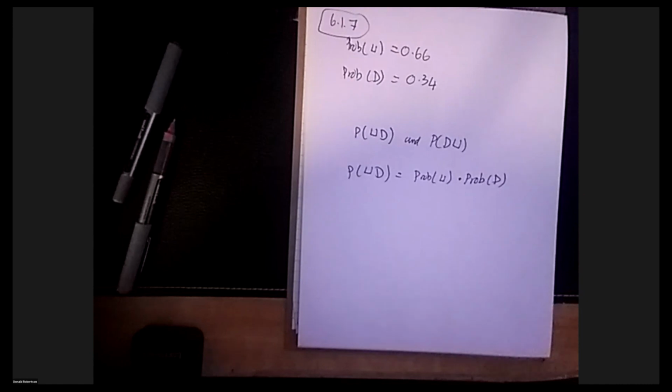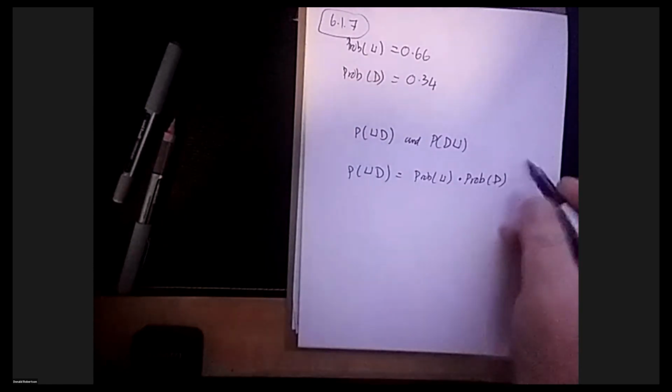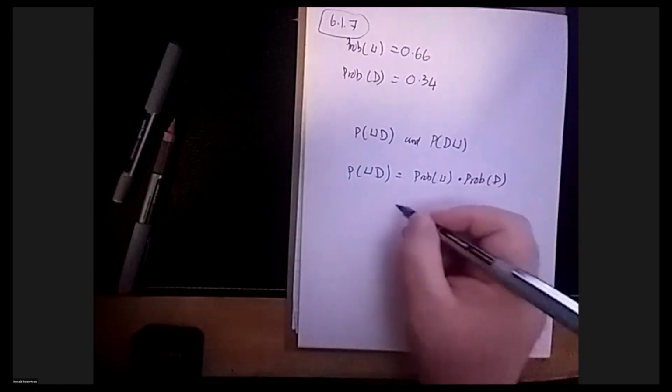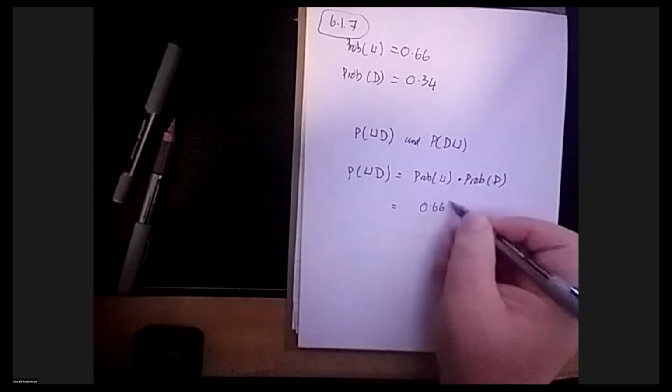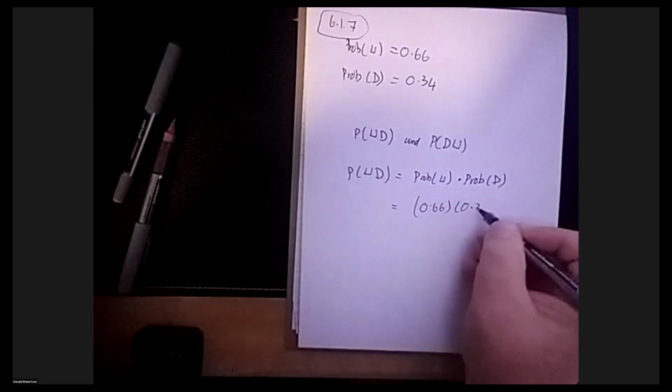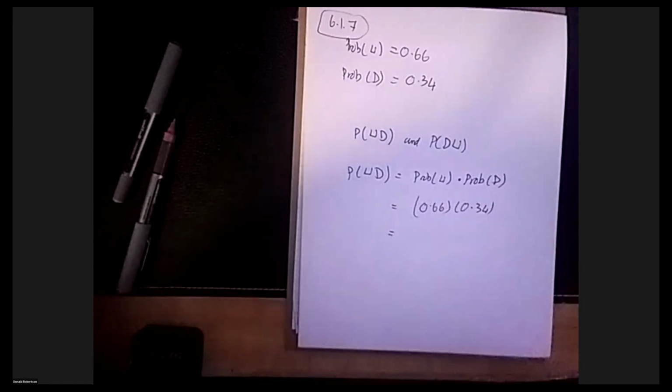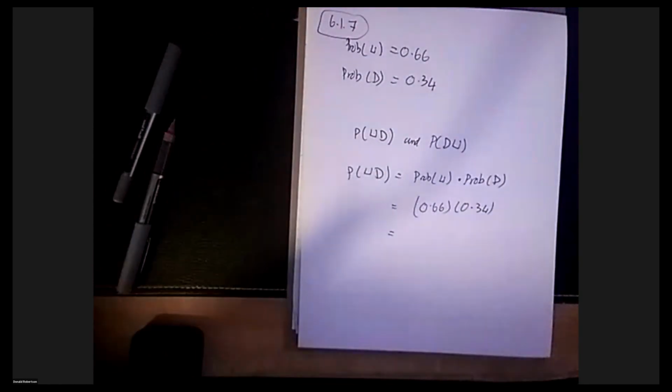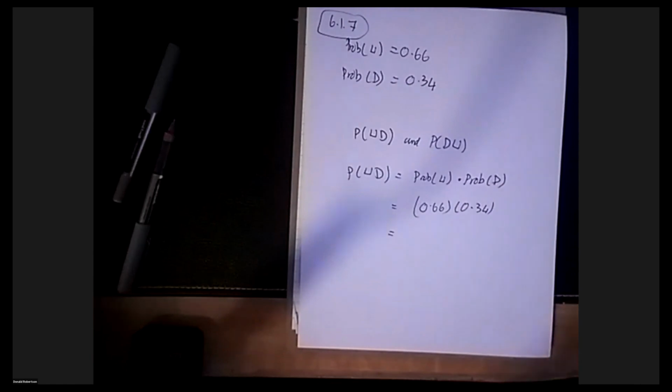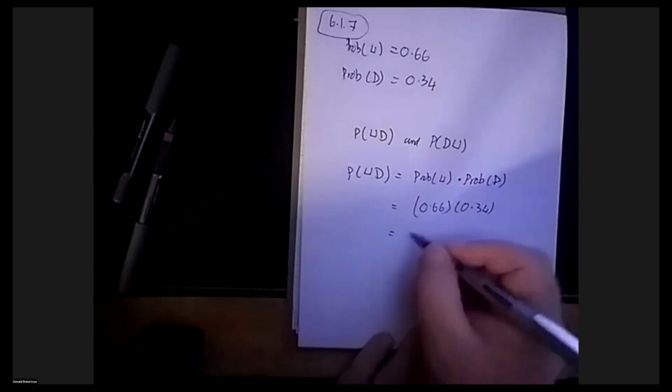They don't affect what's going to happen next, whatever happened the first time around. So when that's the case, you're allowed to use the multiplication rule. Now, an up is 0.66 and a down is 0.34. So the probability of that particular combination happening is going to be 0.66 multiplied by 0.34, and I get 0.2244.